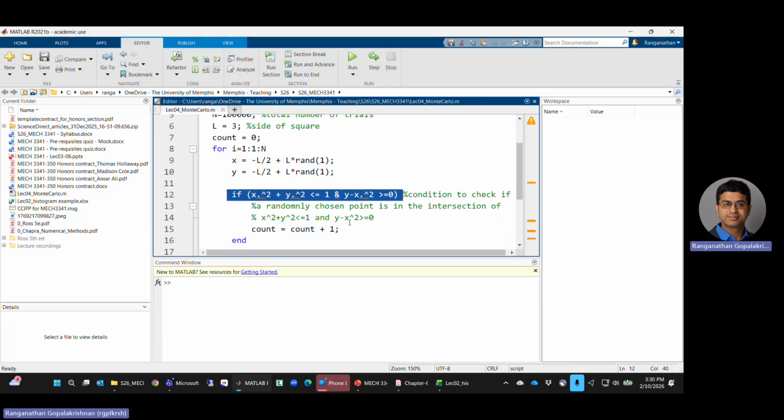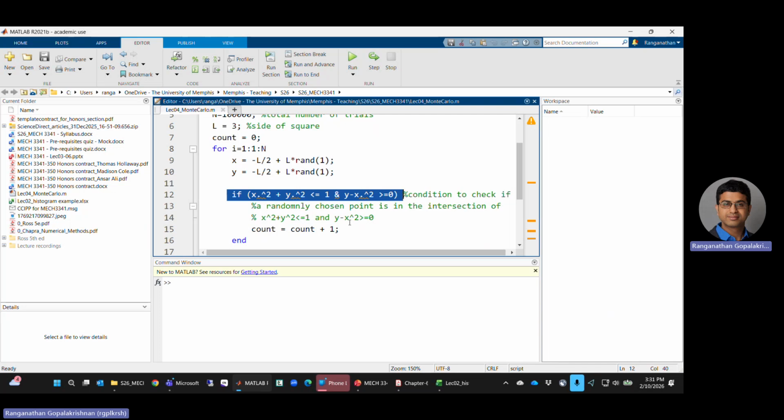So you can see the highlighted portion. This is what I would add to modify my code to check whether the chosen point is in the intersection of the circle and the parabola. With me so far?